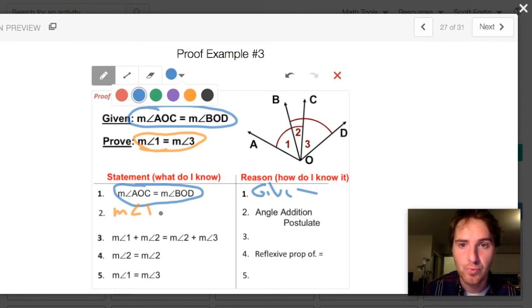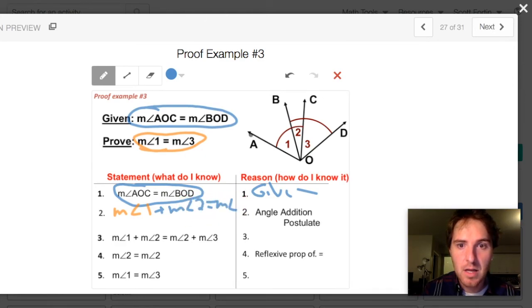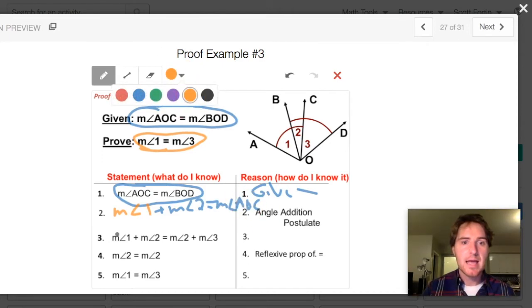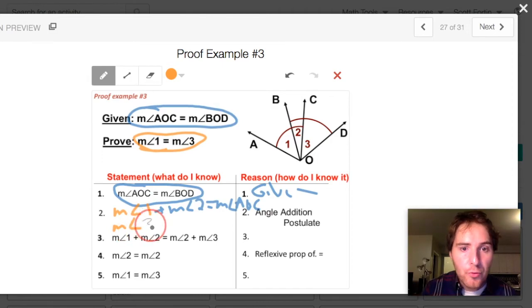Now I've got it into the proof, plus measure of angle 2. That equals measure of angle AOC. And then I have measure of angle 3 plus measure of angle 2, right? Measure of angle 3 plus measure of angle 2 equals measure of angle BOD.